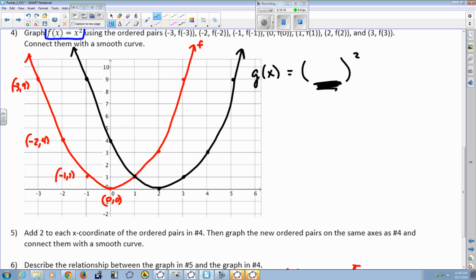It's happening to my input. My input is changing before I even perform my operation. So this is called a pre-operation change. And all pre-operation changes affect horizontal movement.